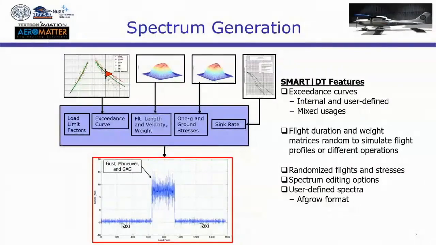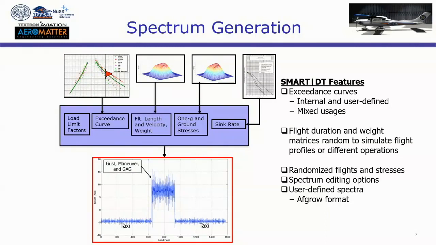Also, you have the option, like, I have my own exceedances for this fighter that I'm working on. You can bring those exceedances into the analysis, and SMART is going to use the traditional methods to find your pairs of max, min, loads, and number of occurrences. You bring the load limit factors for your aircraft.